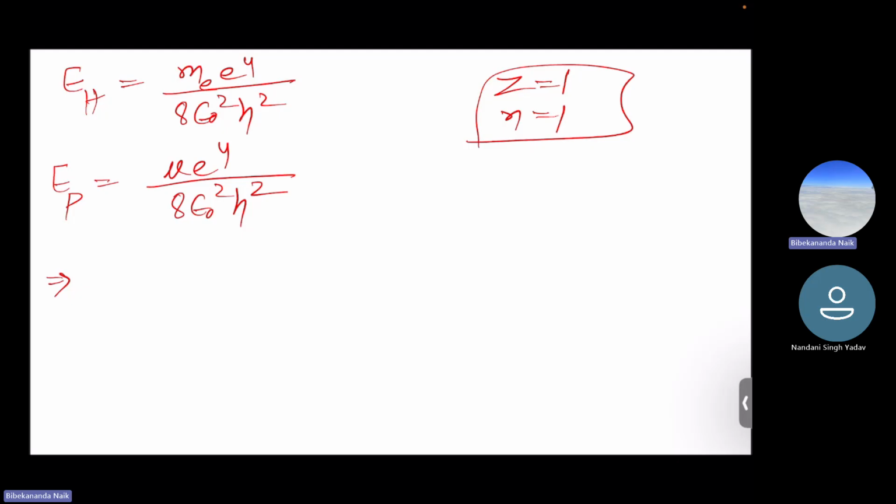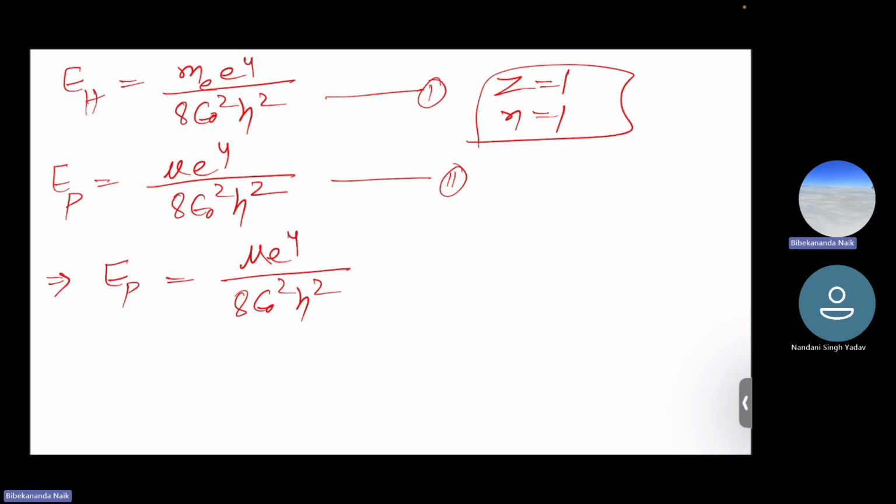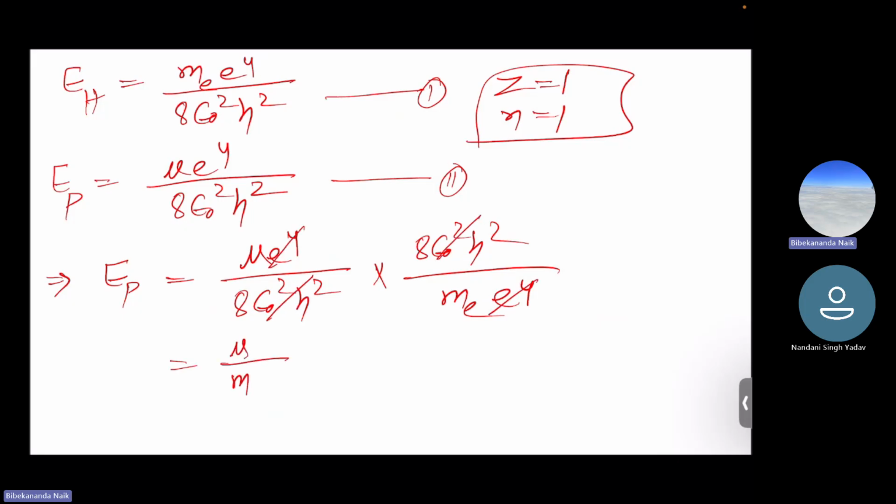So in that case, if you divide the two, Ep will be mu e to the power 4 divided by 8 epsilon 0 square h square into 8 epsilon 0 square h square divided by me e to the power 4. So sorry, e4 gets cancelled, it will be mu divided by me.